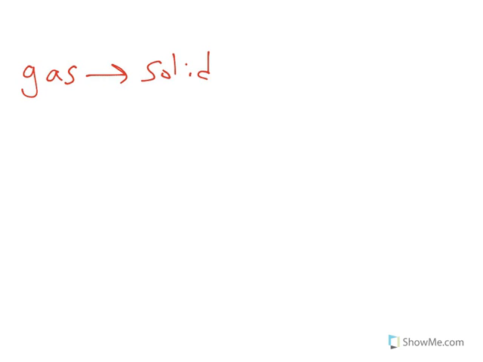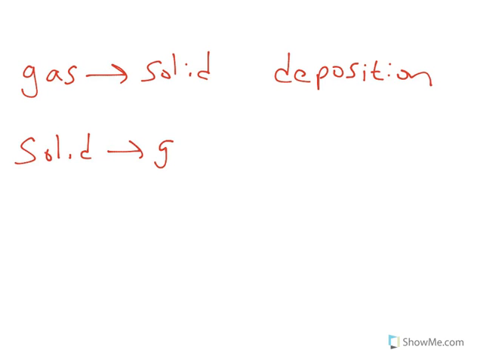That is totally possible, as we'll see later when we look at phase diagrams. But this process is called deposition. And we can go in the other direction. We can go from solid to gas directly, never going through the liquid phase, and this is called sublimation.